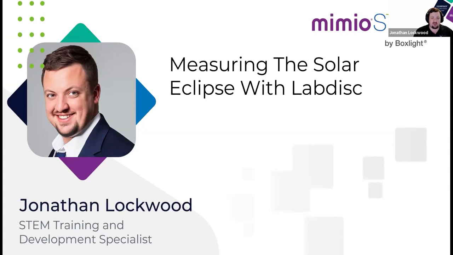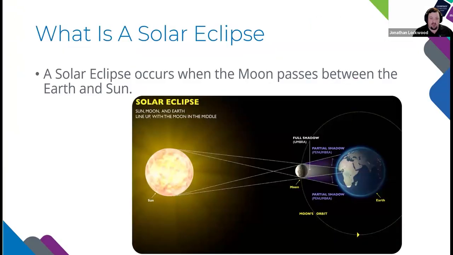We're going to be focusing today on using the Labdisc, like I said, to measure a solar eclipse. There's quite a bit that happens during a solar eclipse, and I want to fill you in on a little bit of that before we talk about the Labdisc piece of this. If you're unfamiliar, a solar eclipse is when the moon passes between the Earth and Sun, and effectively the shadow of the moon is cast on Earth.